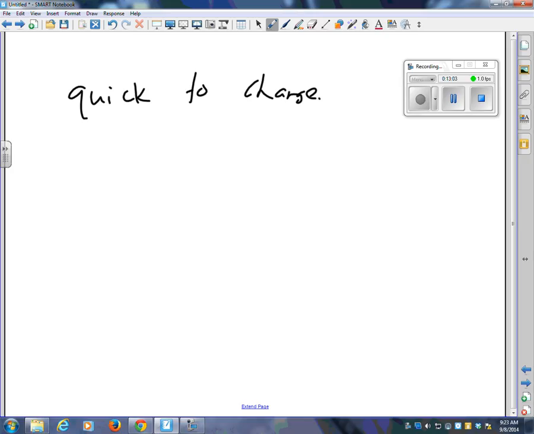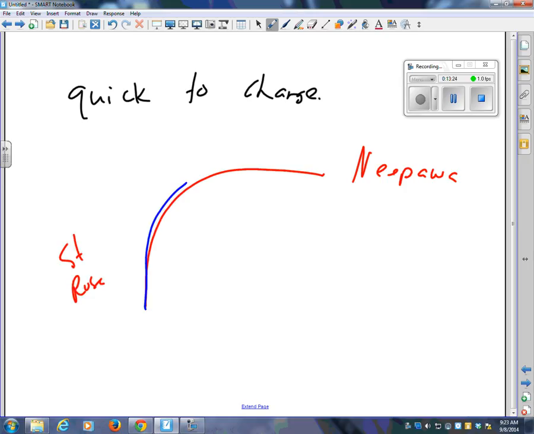There has to be a vector, there has to be a pointy thing pointing in some direction. As you go around the curve to the right, let's say you're driving from Oak River, and you're making the curve. This way is Neepawa and all those good places, and here's St. Rose, and you're traveling this way. Which way is the acceleration?